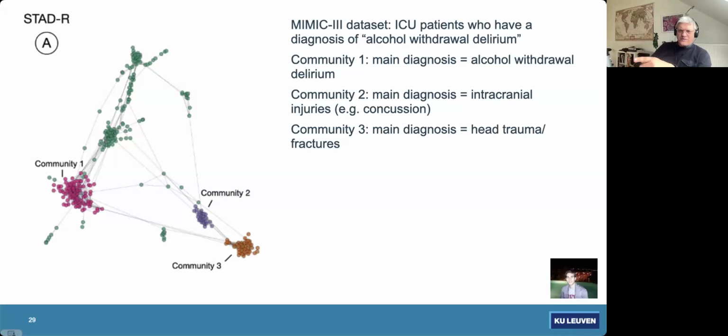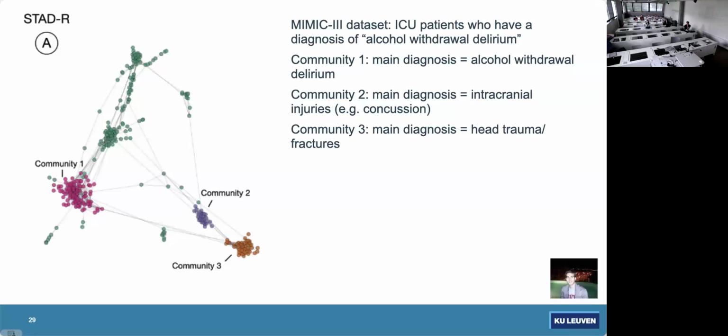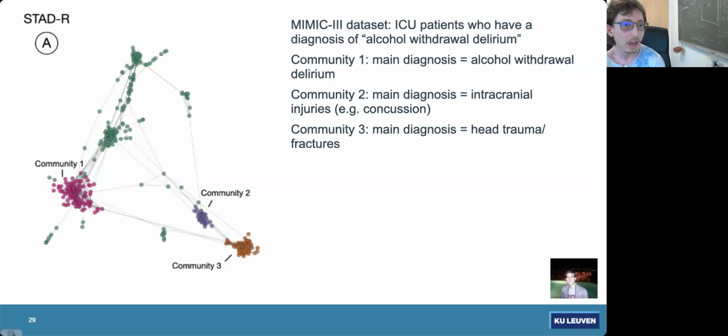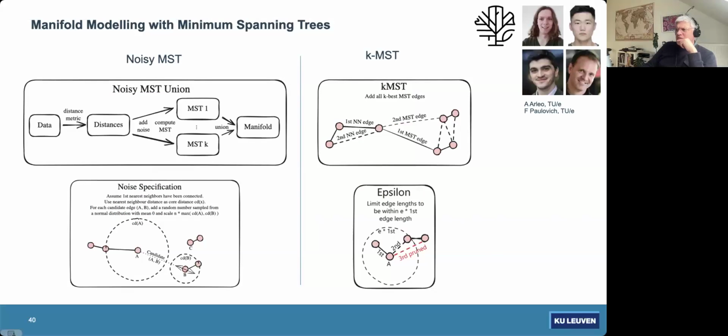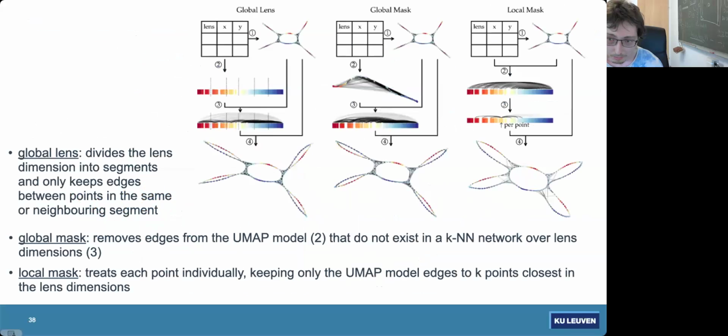For example, in this slide here, somewhere you said you are using an overlap between k-nearest neighbors and the other algorithm. I think it was somewhere at the end. Was it this one?